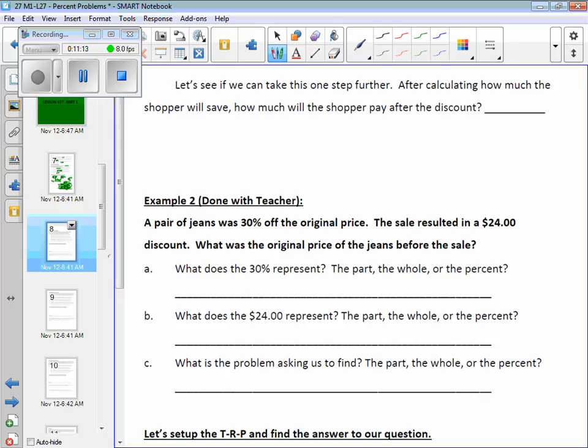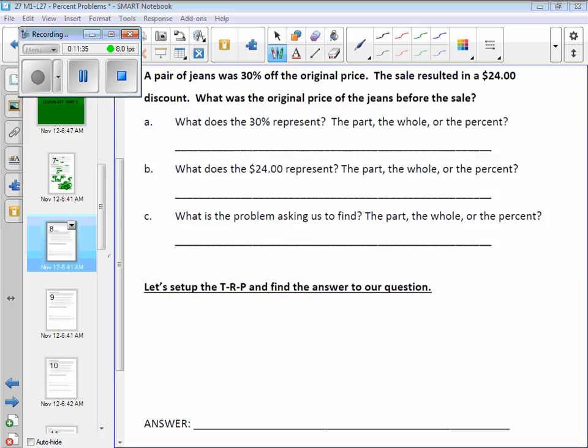All right, same thing. Example 2. Guys, read example 2 quietly to yourself and identify A, B, and C on your own. Then we'll go over it. All right, let's take care of percent, part, whole, and percent first. 30%. Part, whole, or percent?